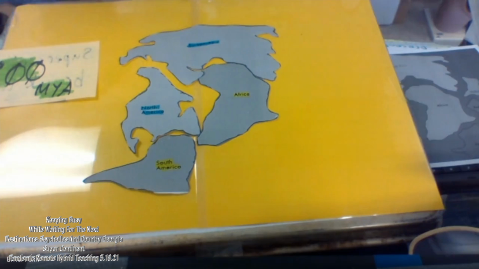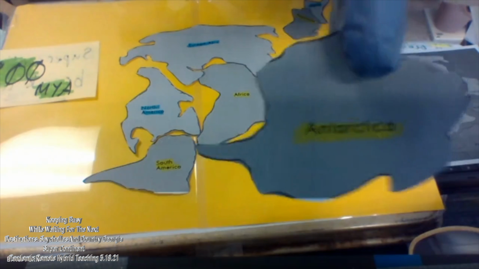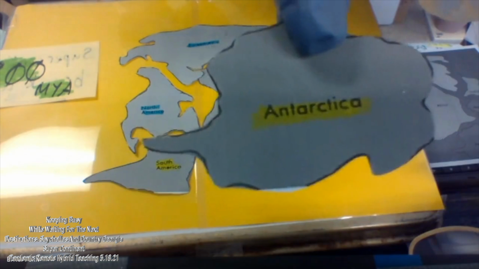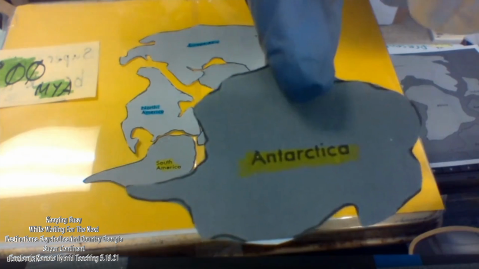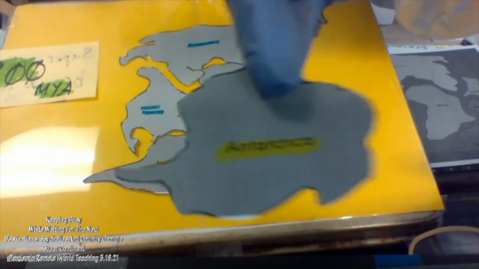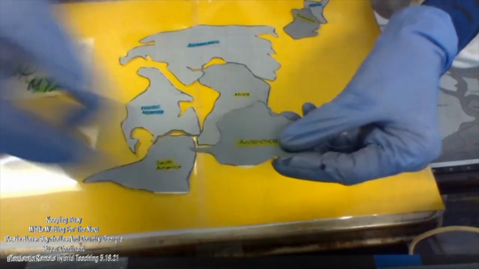All right, type in the word. What do I have in my hand? Really chilly here, really cold, especially during the winter time. Yes, Antarctica. So Antarctica is in the southern part. Okay.